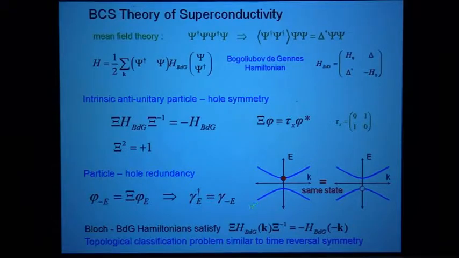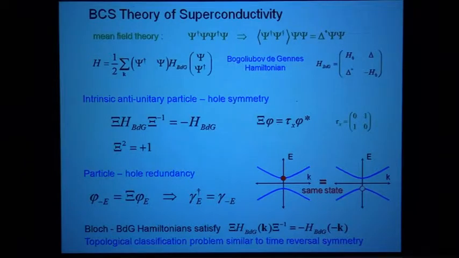Now that we've turned this problem of superconductivity into a problem that looks like an insulator, that poses the natural question: could there be topological classes of superconductors? Now what we have to do is impose a different symmetry.